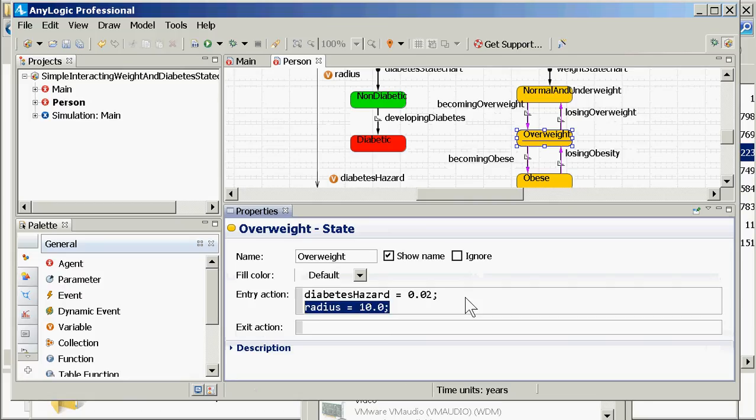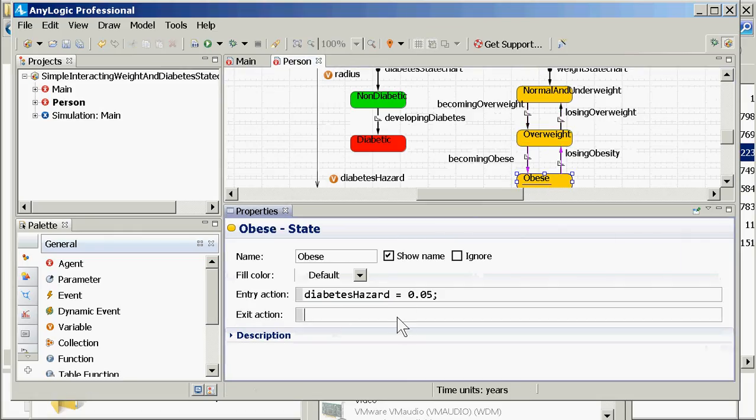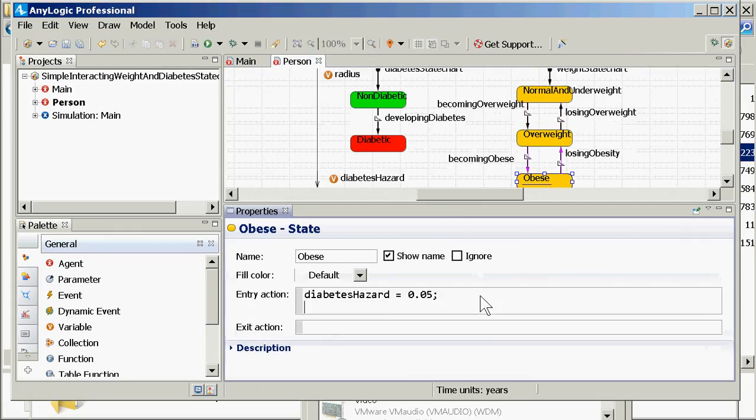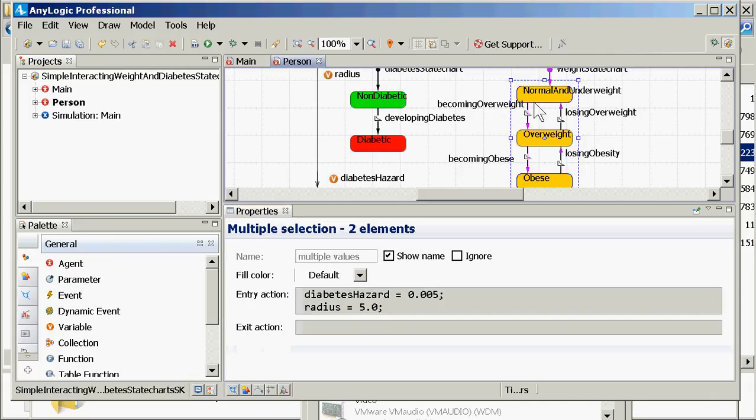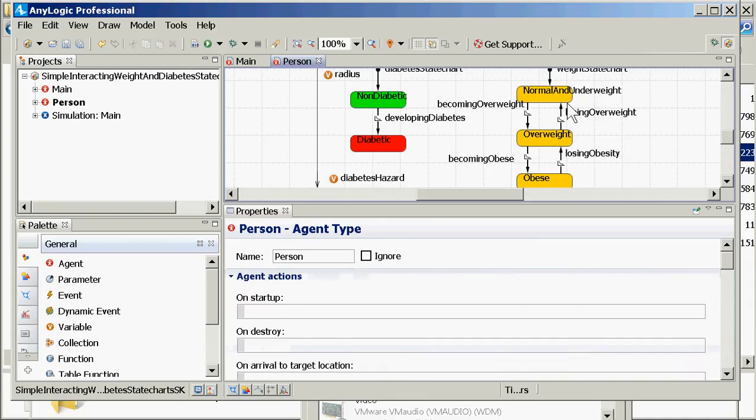And then for obese, we'll set the radius to be 20, something like that. Is that the number of little squares in your grid? Yeah, exactly. Okay, 20. So 5, 10, 20.